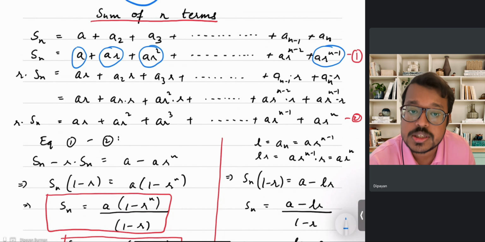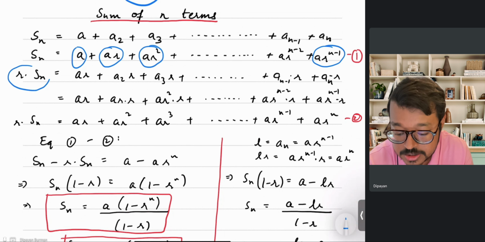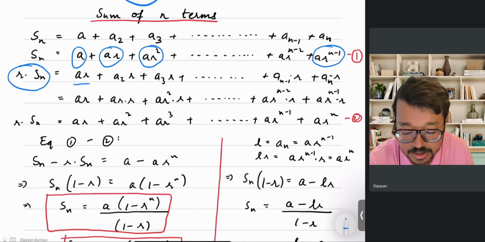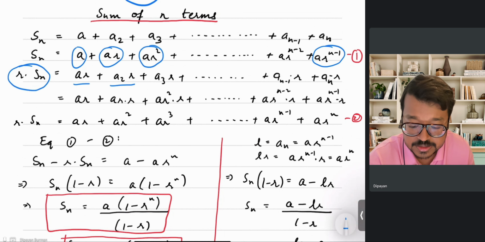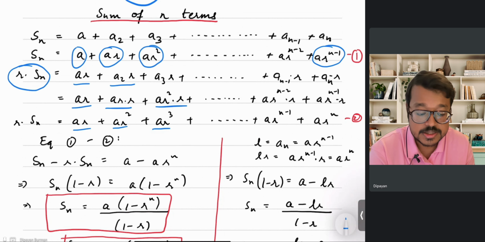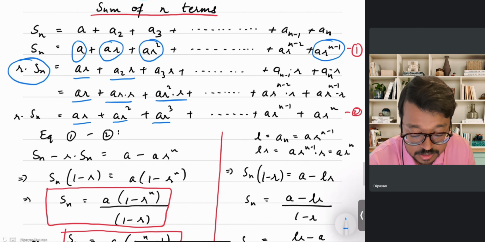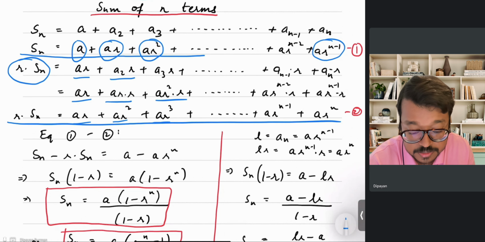Now if to this equation I multiply r on both the sides, I will have r times the sum of n terms equal to ar plus ar square, ar cube, like that. Suppose this is my second equation, and this is my first equation.